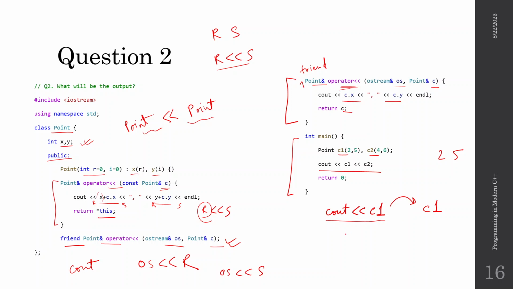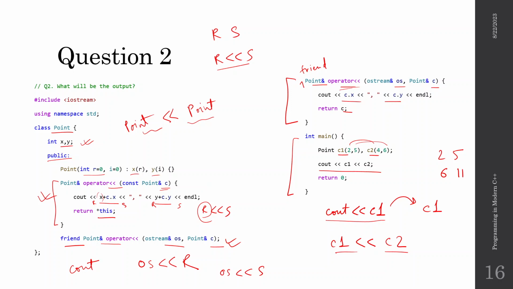Next we will have this output stream between c1 and c2. In this case this function will be executed, because now this is the output stream between two point objects. What it will print is the vector sum of the points. So 6 and 11 will be printed, which is the addition of these coordinates.